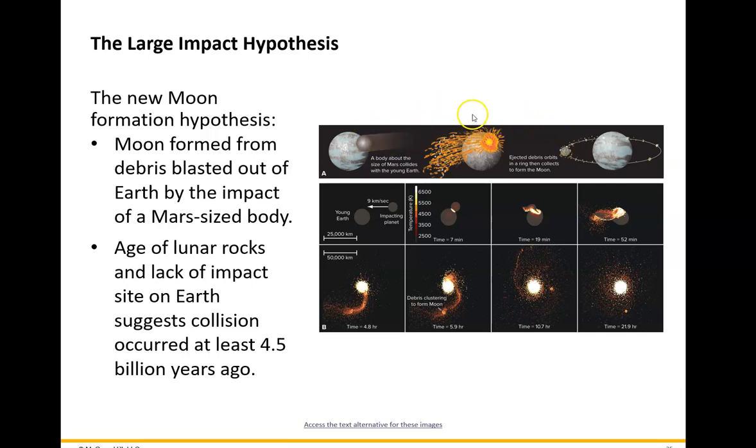After the collision, Theia and the Earth turned molten. Some of the rocky material ended up in orbit around the Earth and coalesced, that is, gravitationally assembled itself into a sphere, and that sphere cooled off, and that's what we call the moon.